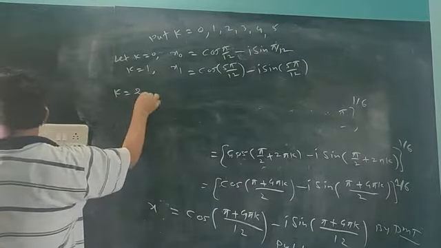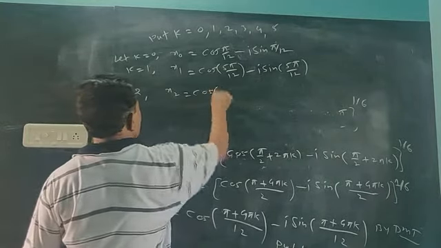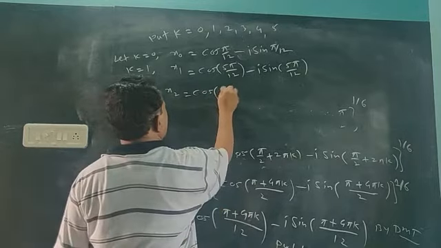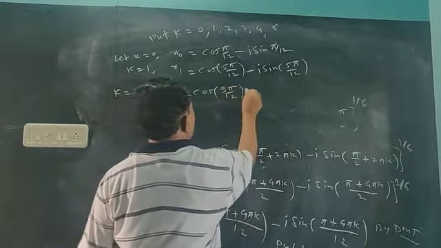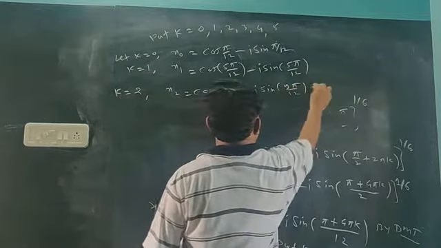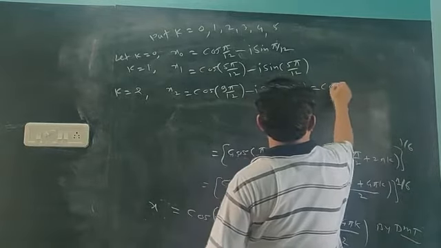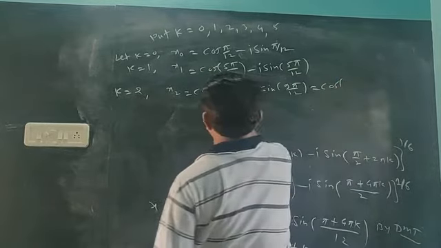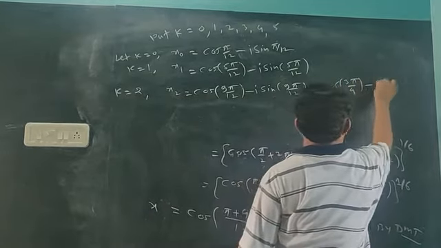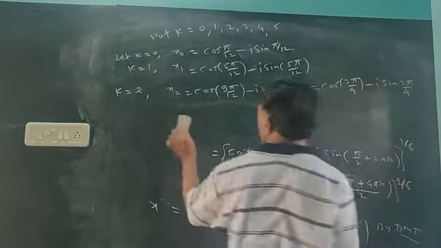K equals 2, x2: cos of k is 2 means this is 8 plus 1, 9 pi by 12 minus I sin 9 pi by 12. This is the same as 9 pi by 12, 3 cancels, 3 times here, 4 times, so 3 pi by 4, minus I sin 3 pi by 4.